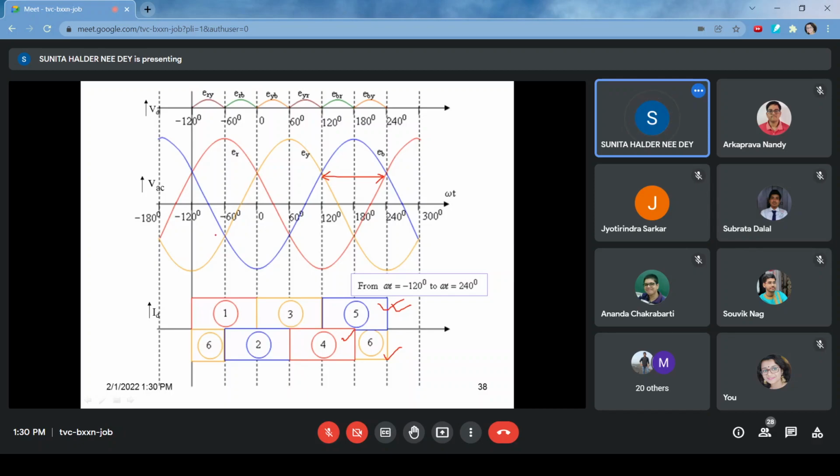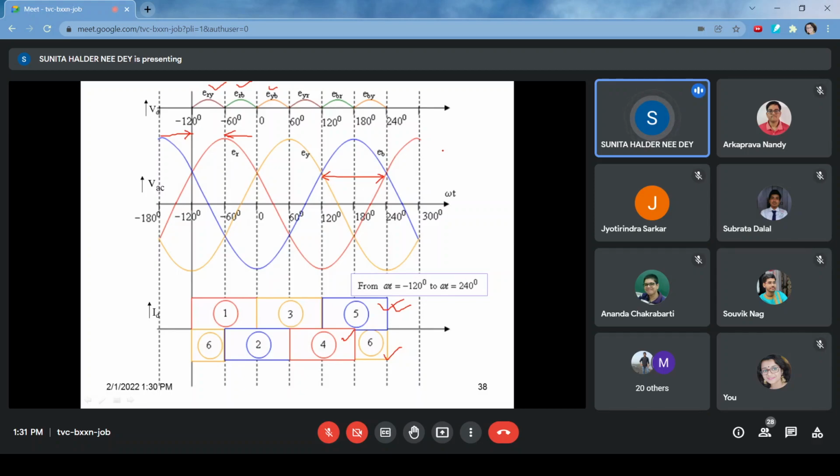That means from minus 120 to minus 60, R phase will be available on the positive side, Y phase on the negative side, so we shall get ERY. Similarly ERB, EYB, that I have explained earlier also. So we shall get six pulses within one complete cycle. That's why it is called a six pulse converter.